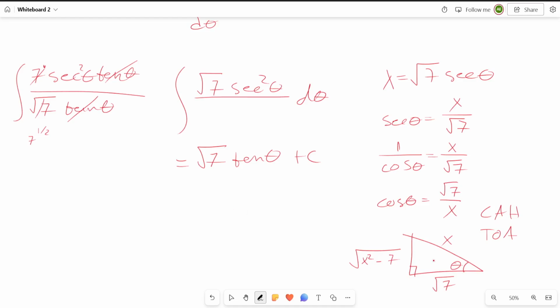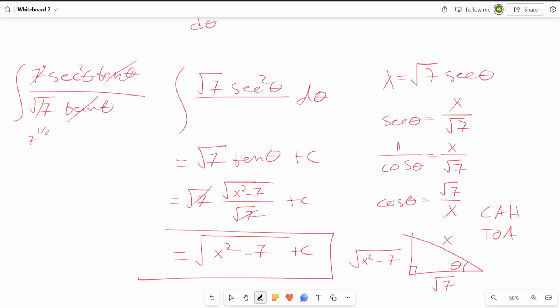So opposite is root x squared minus 7 over adjacent, which is root 7. So this becomes root 7 times square root of x squared minus 7 over root 7, plus c. Root 7 and root 7 cancel, so my final answer is square root of x squared minus 7 plus c. This is the final answer to this question.